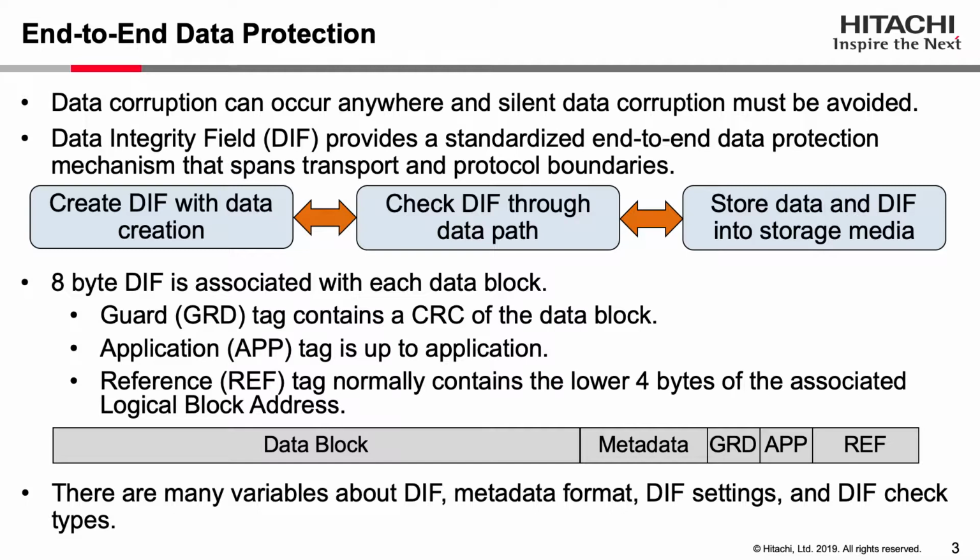The final one is the reference tag, which normally contains the lower 4 bytes of the logical block address and is incremented by 1 for each successive block. The reference tag can detect the wrong destination of a read or write I/O.